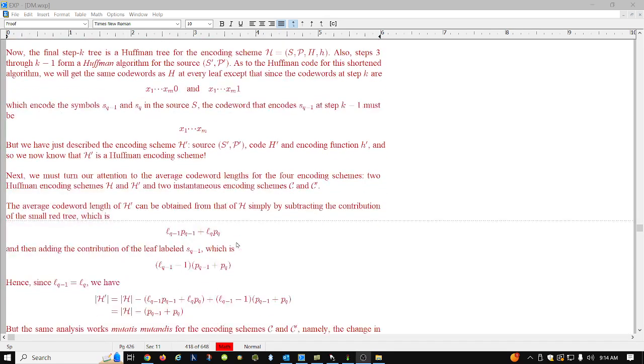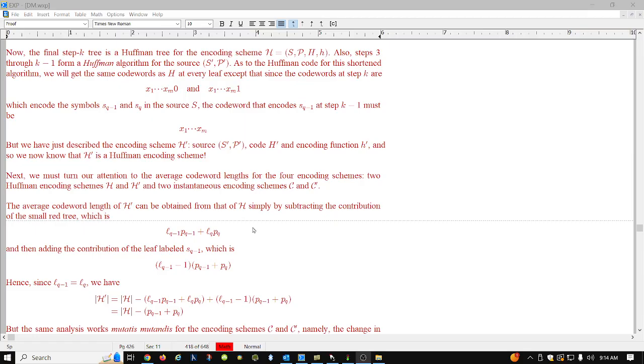So now we need to turn our attention to the average code word lengths. We have now 4 encoding schemes: H and H prime, C and C prime.